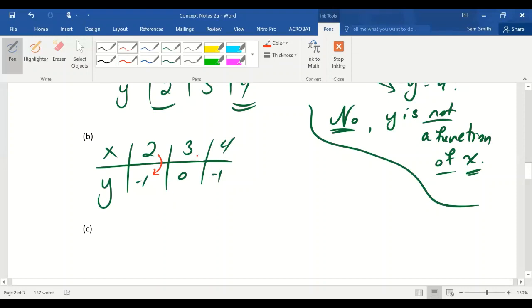If I enter x equals 3 into the system, the computer knows to give me back y equals 0. There's no question. And if I enter x equals 4, it knows to give me y equals -1 in return. So in this case, where there's a duplicate in the y's position, that's not creating any trouble at all. Yes, y is a function of x.